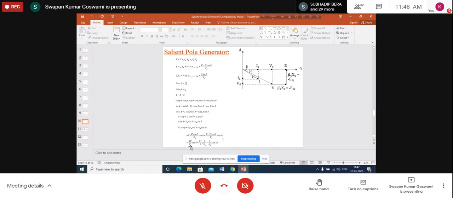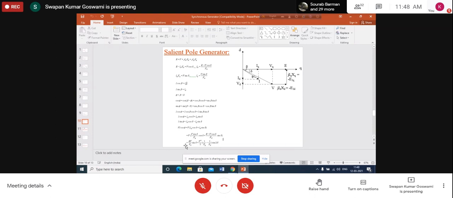If you see the magnitude of this part, that means peak value EV by XD and V square by 2, 1 upon XQ minus 1 upon XD, compare the magnitude of this part and this part, you'll see that this part may be 15 to 20% of the total, and this part is remaining. That means the 80% or more will be this part, and maybe at most 20% will be from this part. And there is one sine 2 delta component, there is one sine delta component.